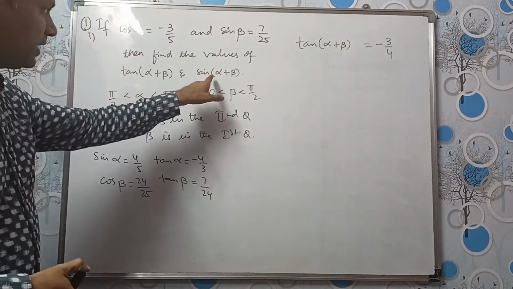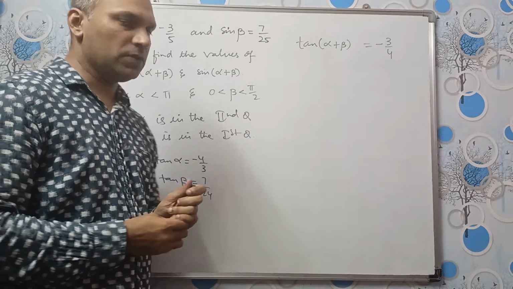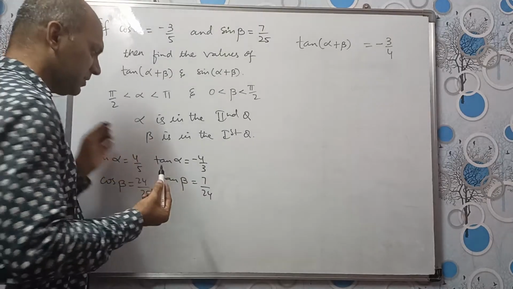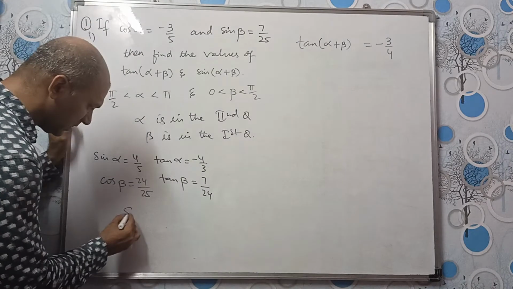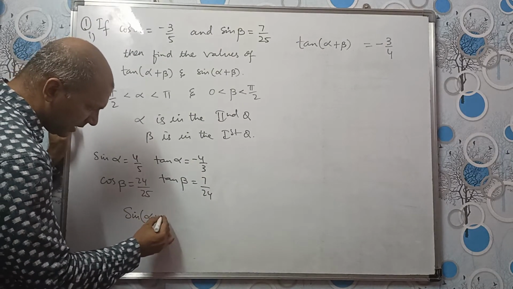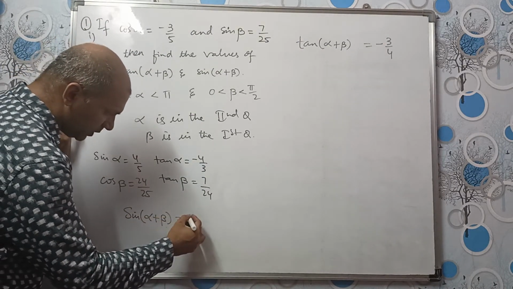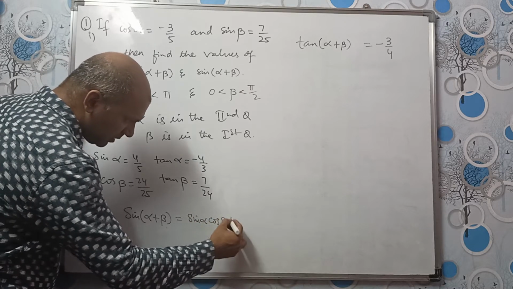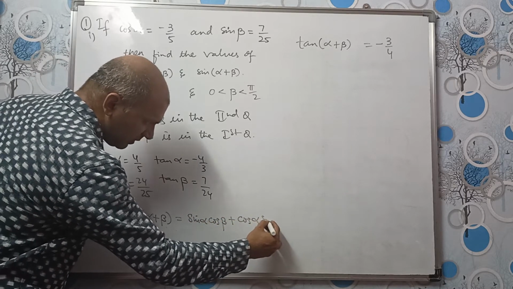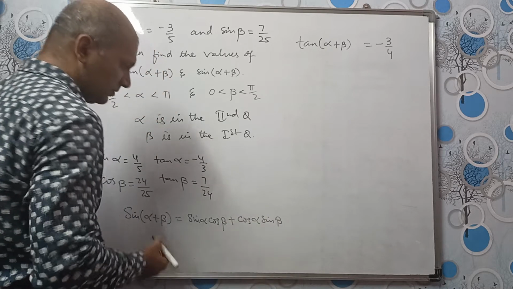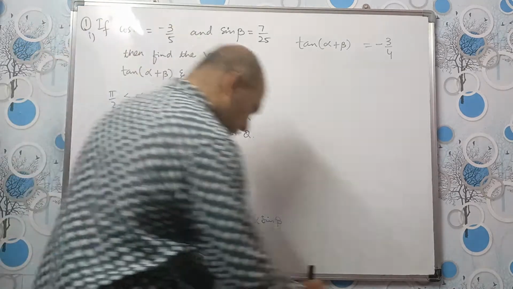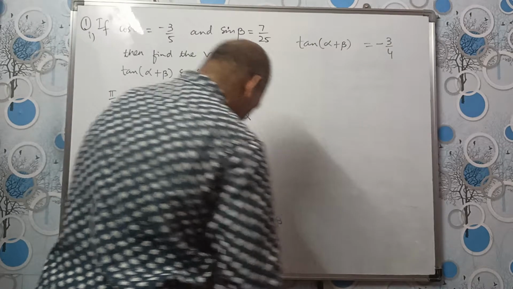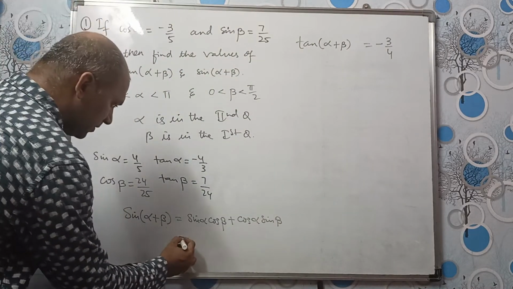What do we need to find next? Sin alpha plus beta. What is the formula of sin alpha plus beta? I hope you remember this. Sin alpha plus beta is equal to sin alpha cos beta plus cos alpha sin beta. So let us substitute the values.